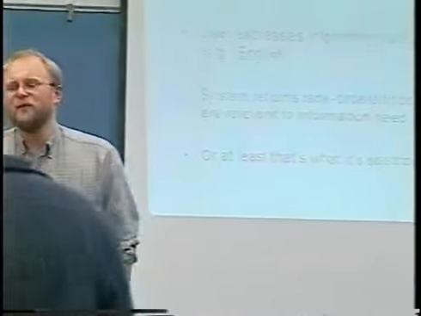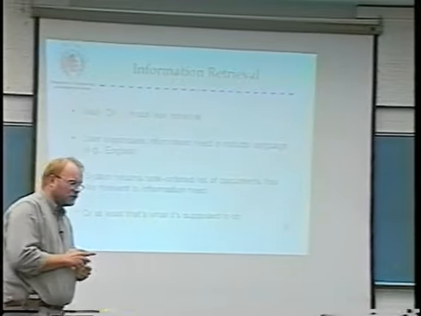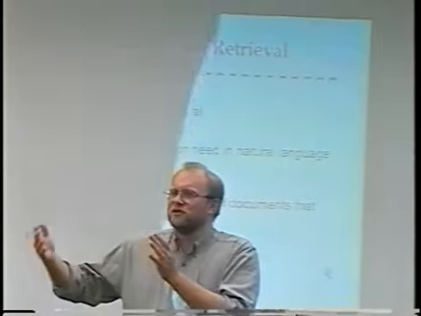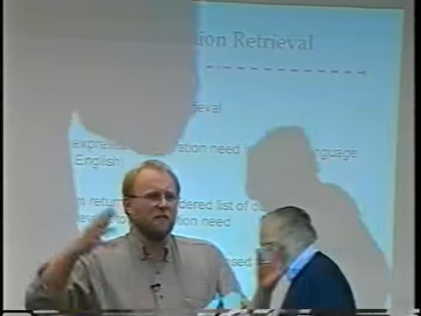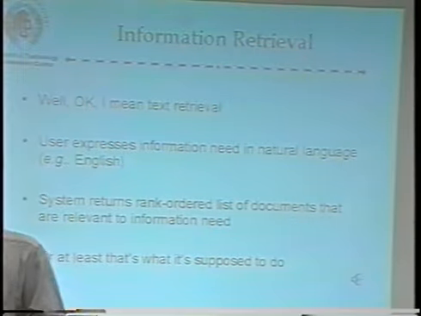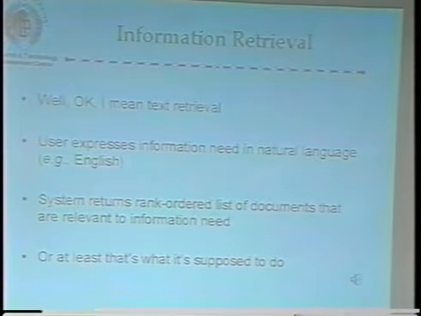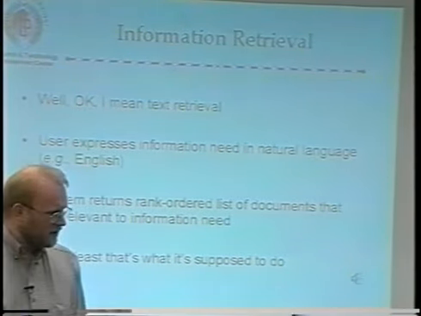Okay, so information retrieval. What do I mean by information retrieval? Well, what I really mean is text retrieval. That's the traditional notion of information retrieval: you have a big wad of natural language text. You index it. Somebody comes up with a query. They type it in. You get back a bunch of articles, just like you might with Alta Vista or Google.